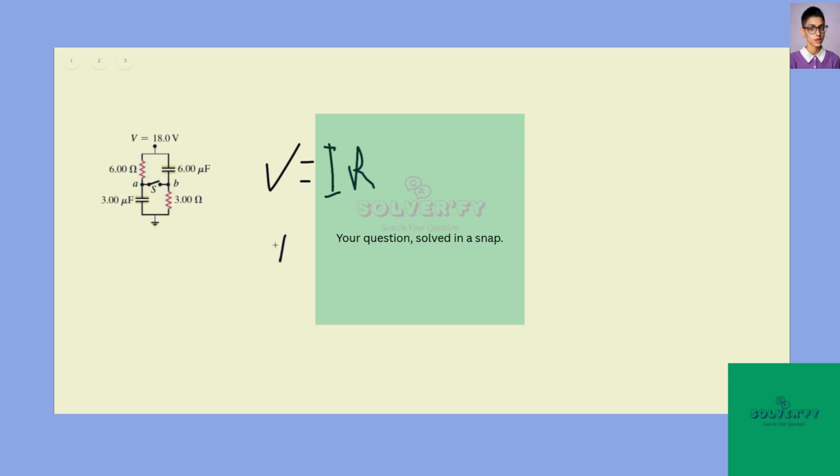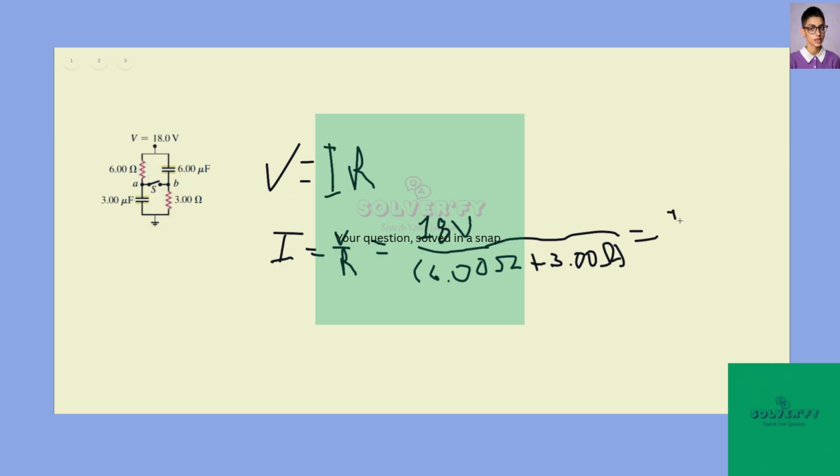And so I is equal to V over R, which in this particular instance is 18 volts divided by the sum of these two resistors, because they're in series along this path, 6.00 ohms plus 3.00 ohms, which is equal to 18 volts divided by 9.00 ohms, which gives a current through the circuit of 2.00 amps.